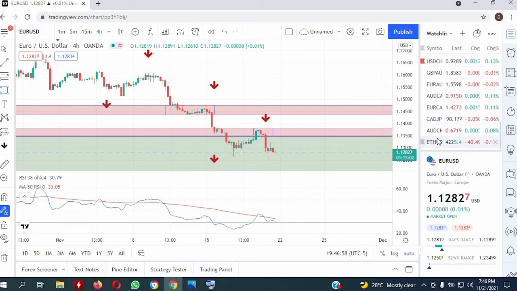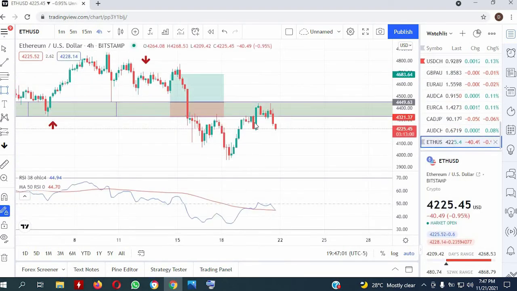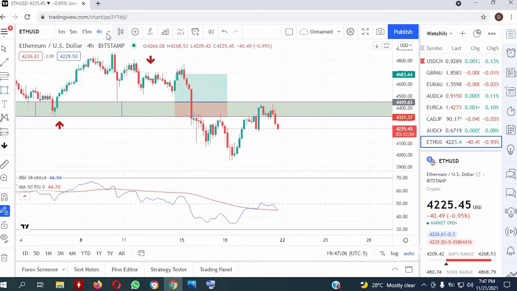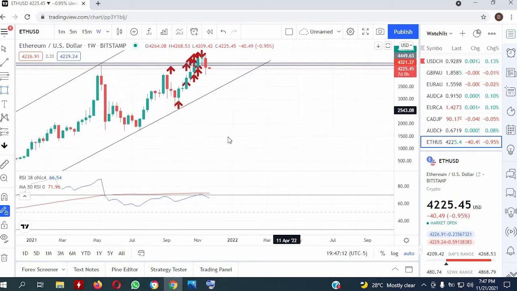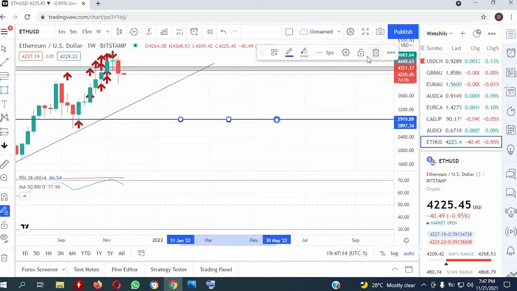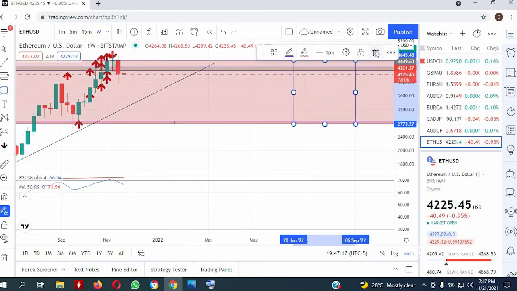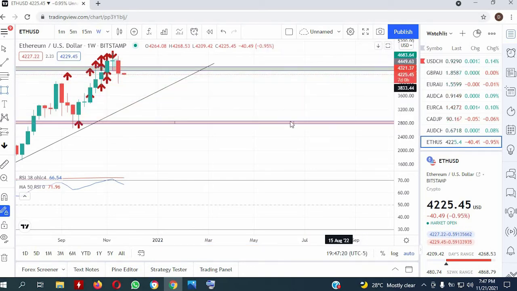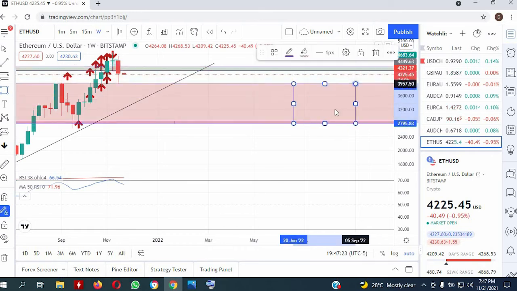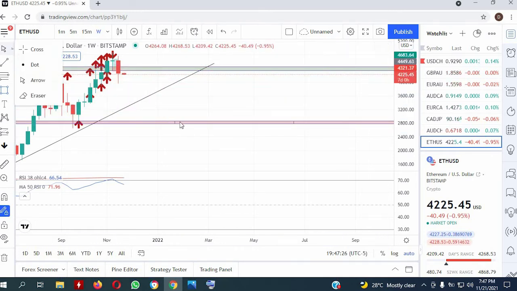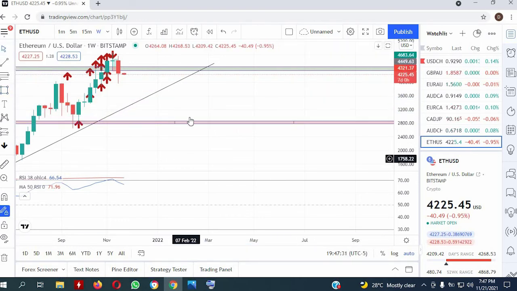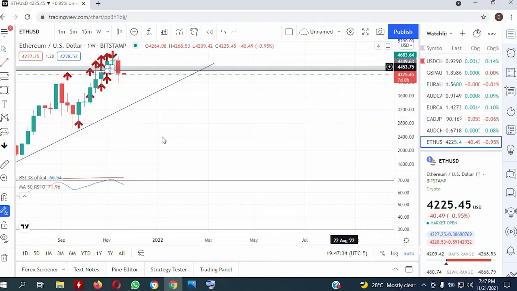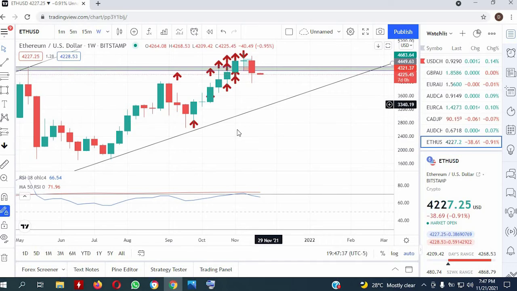Now let's move over to the Ethereum. Now the Ethereum is in a bull trend.